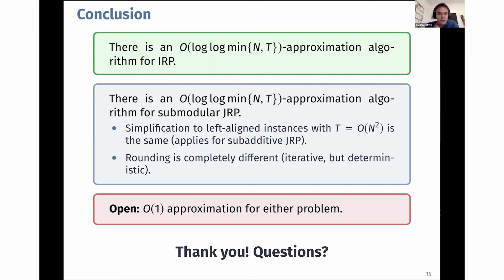Nice talk, Neil. Thanks. So you mentioned that these approximation factors, the constants, you don't care about, or you're brushing under the rug. How big are the constants? I think they're not crazy. I'm trying to remember.